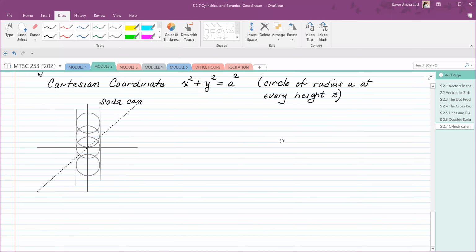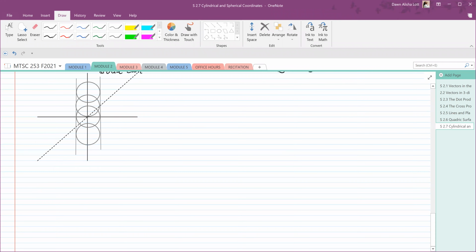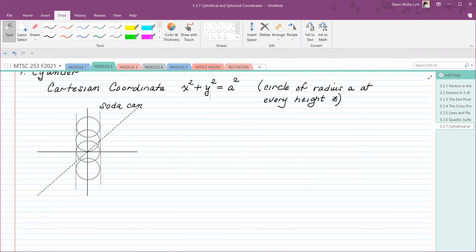But in cylindrical coordinates, well, x squared plus y squared is r squared.